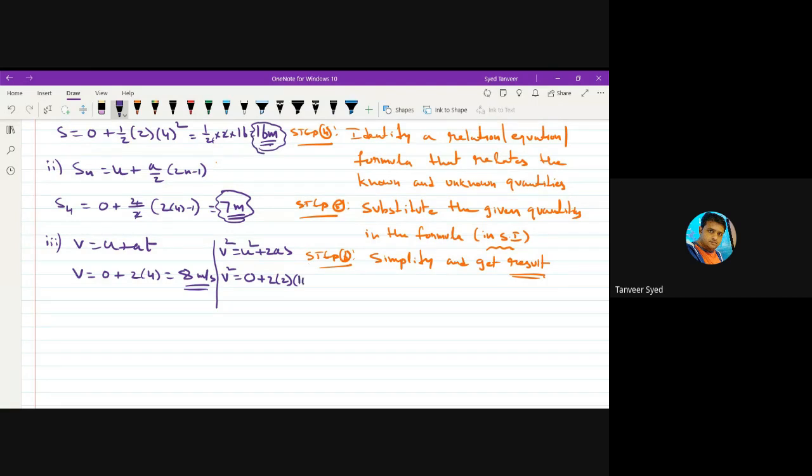So I will put 16 here. So v square is 16 into 4, 64. Root of 64, v is 8 meter per second. You will get the same result. So it's like using an umbrella in April and July. Anyone can be used.